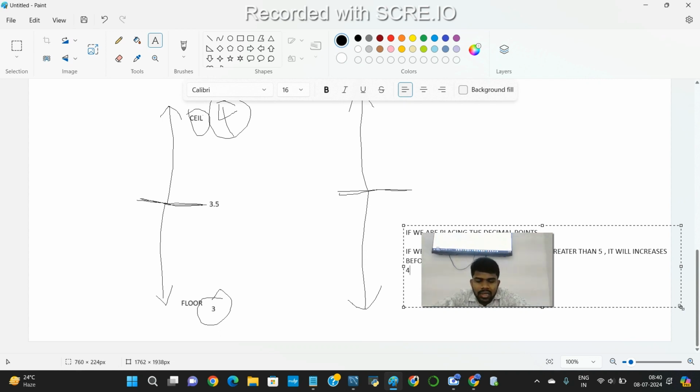Suppose we take 4.567 and I want to keep two decimal places. Which number do I have to remove? I have to remove 7.